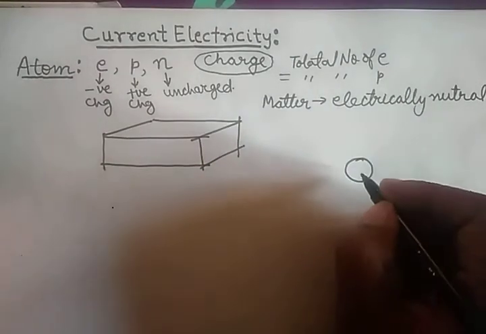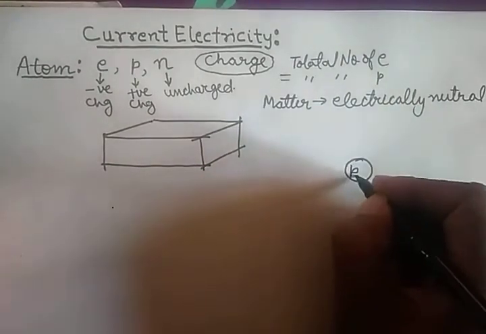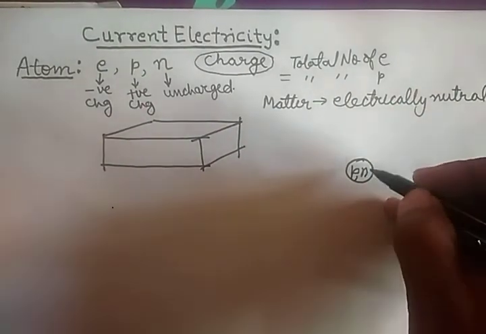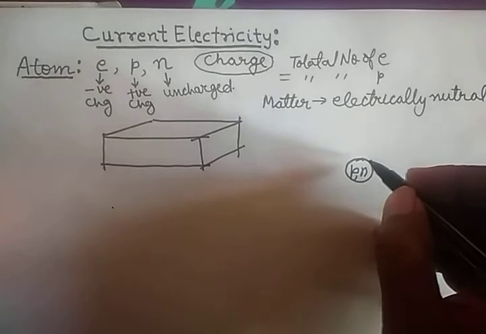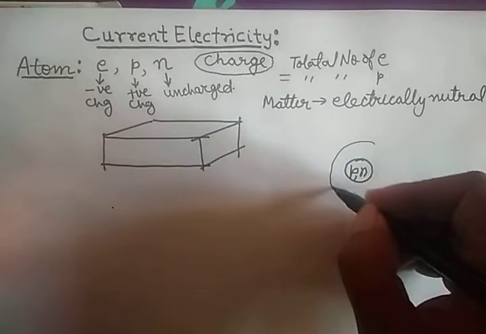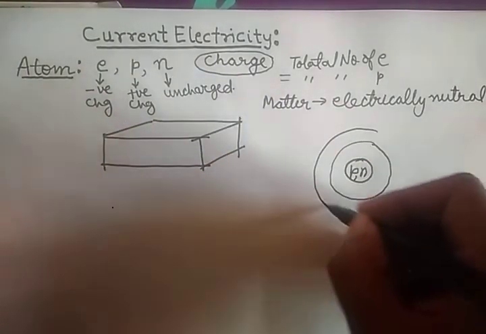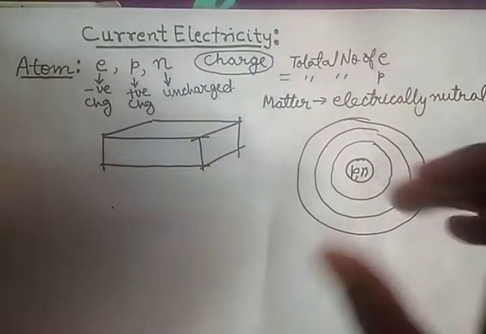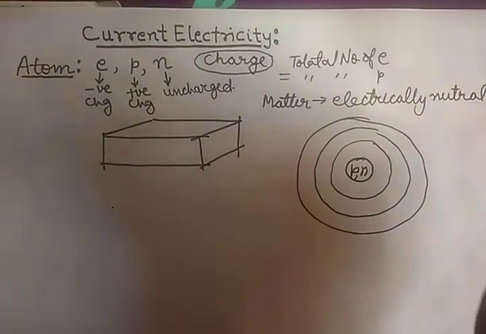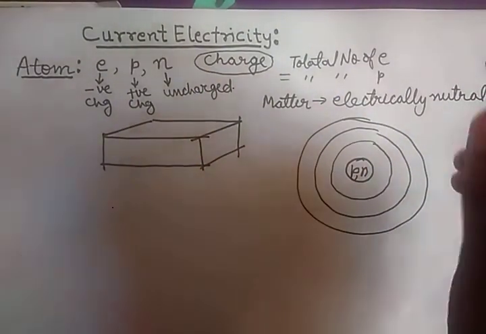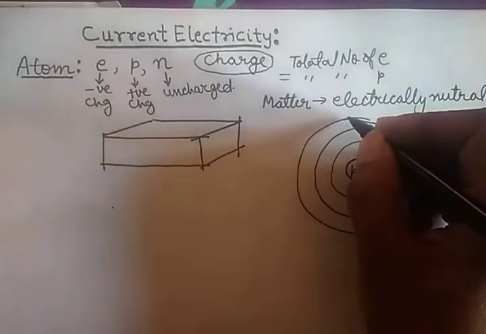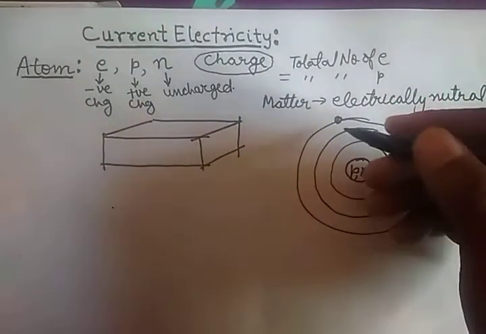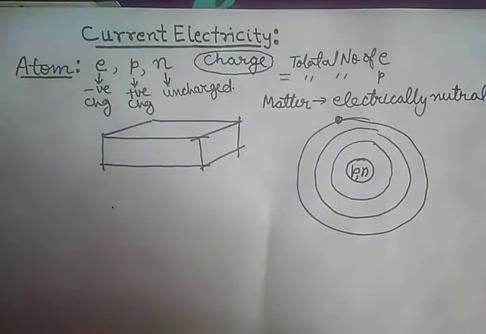There is a small region where all the protons and neutrons reside, and around this small region the electrons revolve. Now this discussion goes into chemistry, so I'm not going into it. What I'm interested in are the electrons which are in the outer orbits.